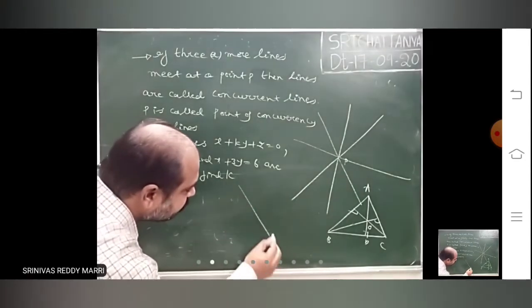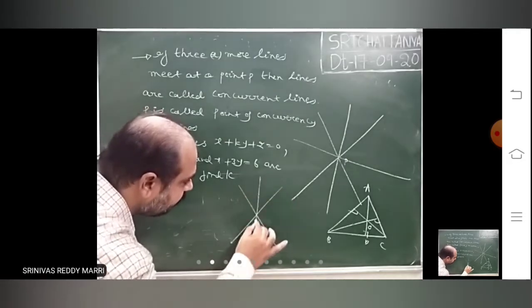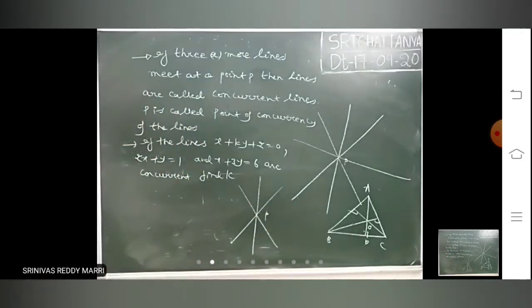Concurrent means three lines meet at one place. They will have a common point of intersection.